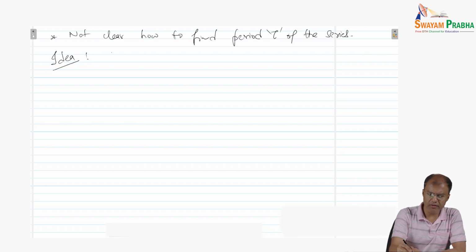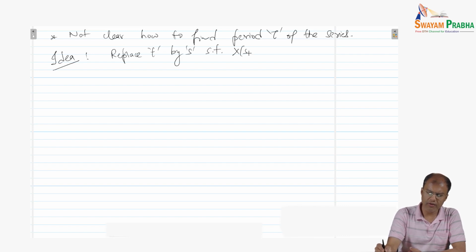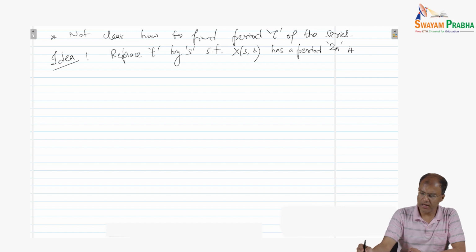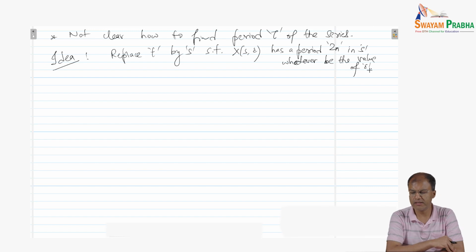So I'm going to replace t by s such that x of s comma epsilon has a period 2 pi in s, whatever be the value of epsilon, right?